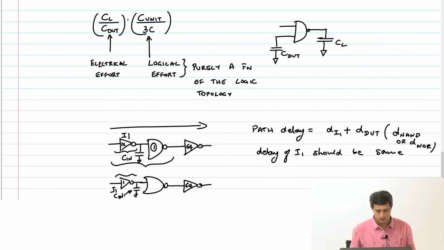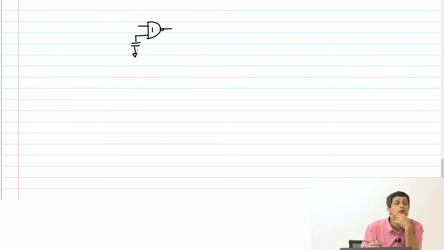Right? So if I now want my NOR gate to have the same input capacitance as that of a NAND gate, I want to find out the following. If I have a NAND 2 gate which has a unit size, what's the input capacitance here? 4C. Now I have a NOR gate.